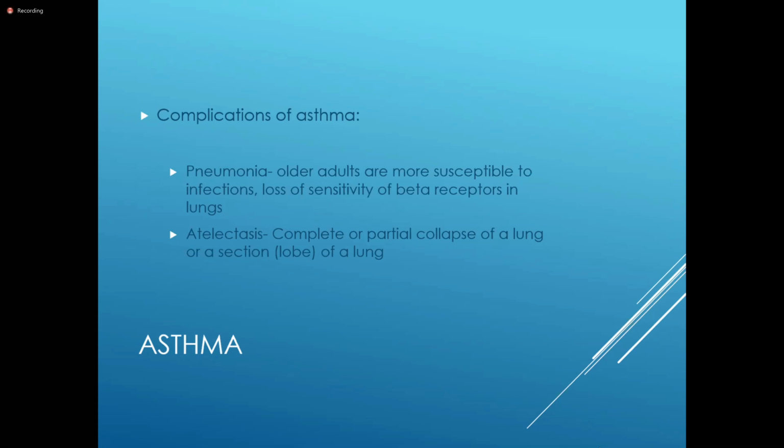So air trapping is happening, but also fluid is accumulating. More likely to develop bacteria in their lungs that they're not getting rid of. What do we say our cilia in our nose does? What does coughing do for us, right? Gets rid of that bacteria that's there. So the patient that has this air trapping, particularly older adult patients with asthma, more likely to develop pneumonia.